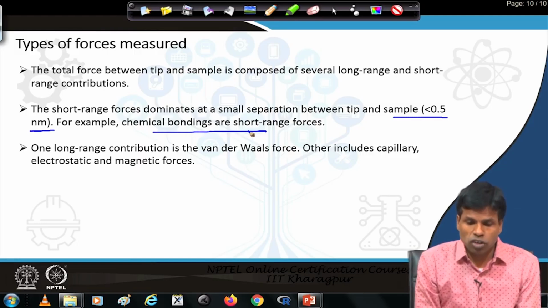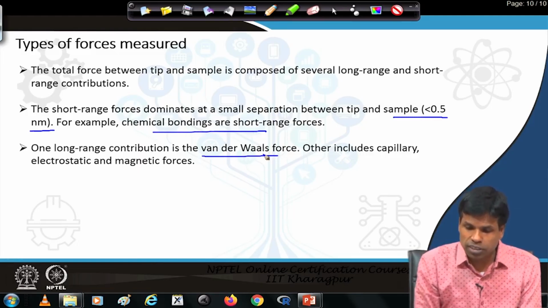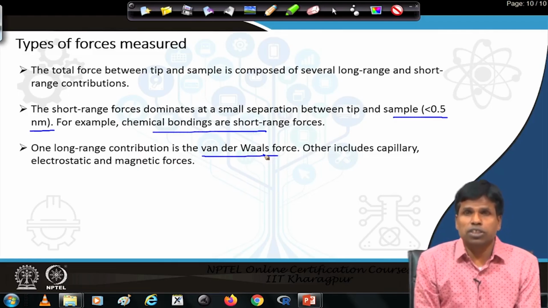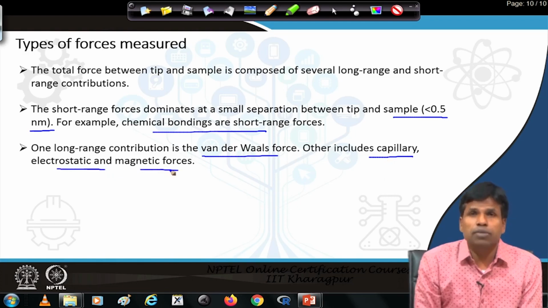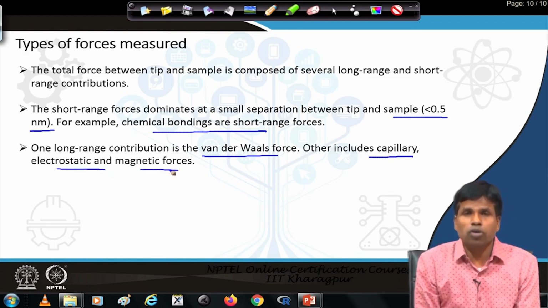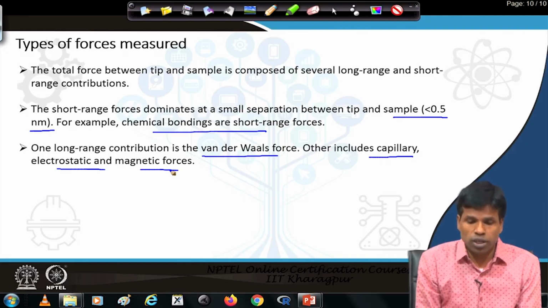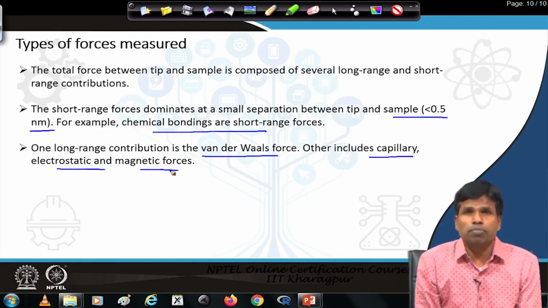And we can also have long range forces like van der Waals forces, and long range forces include capillary, electrostatic and magnetic force, and these types of force can also be measured using atomic force microscopy to study the respective properties.